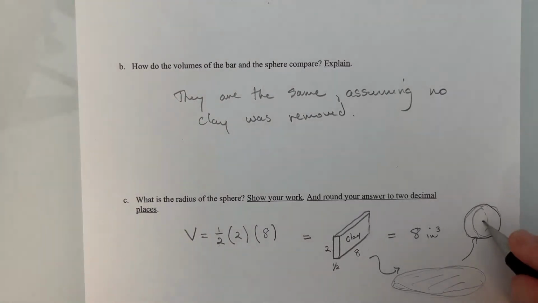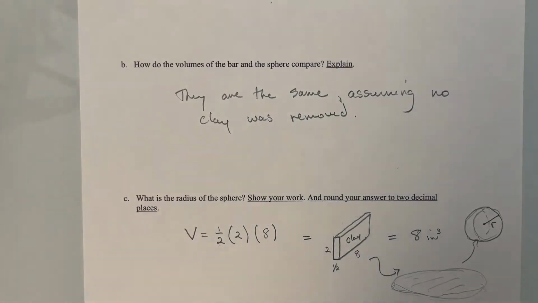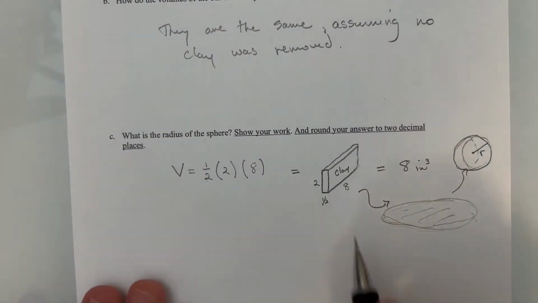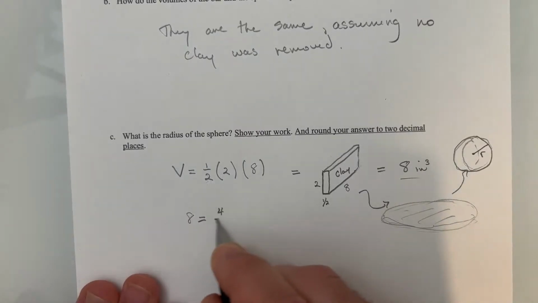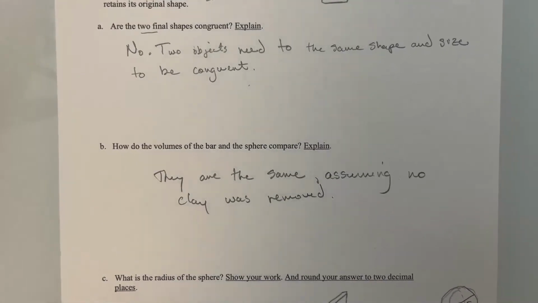Okay. So the question is about, what is this? You know, if you start with this much stuff, so it must be that that volume is equal to the volume of the sphere. That's what we said in part B.